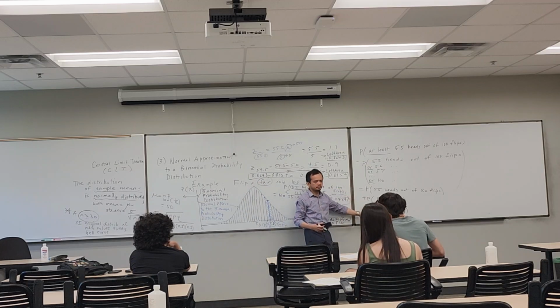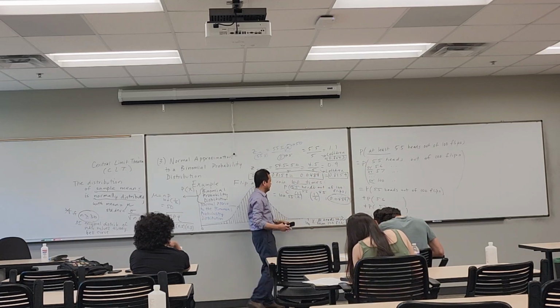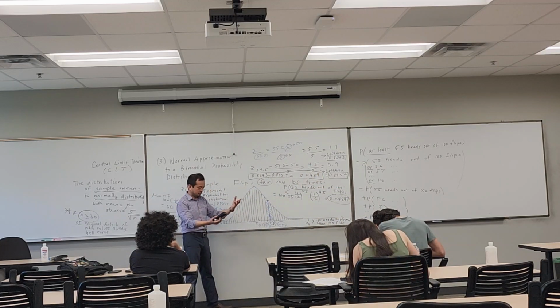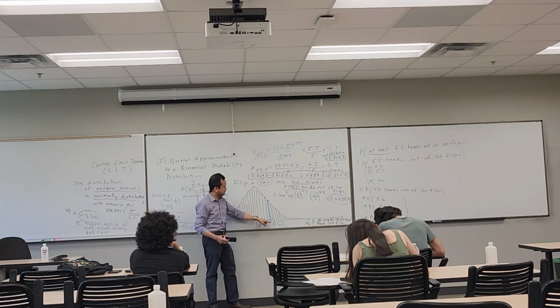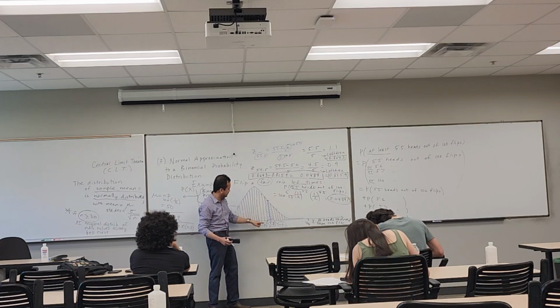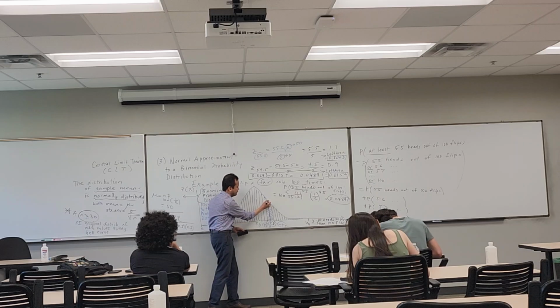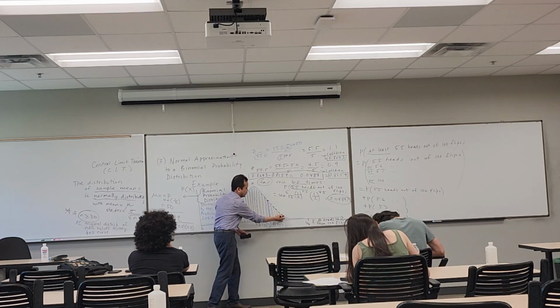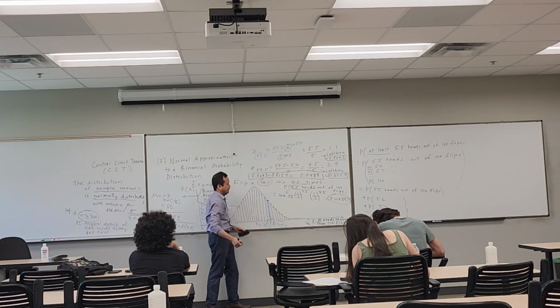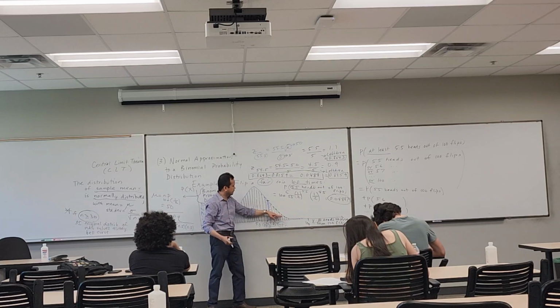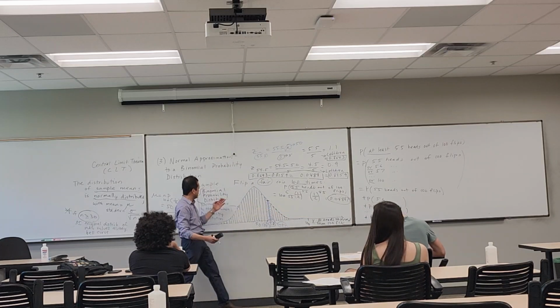We have to add up all of these probabilities together. Visually, this is the same as adding up the heights of these bars from 55 to 100. So that's what we're doing visually, but it's not feasible to do that with this original black binomial probability distribution.